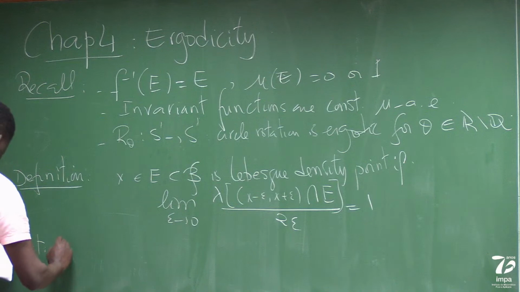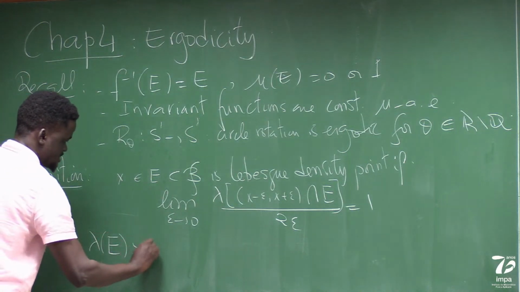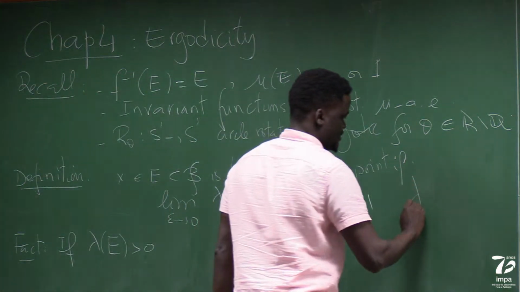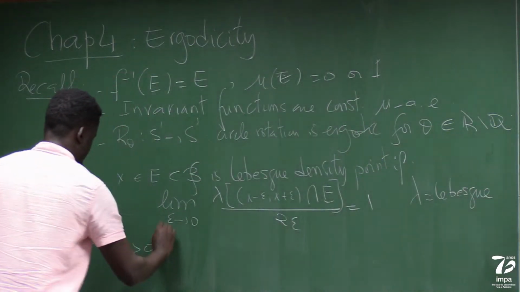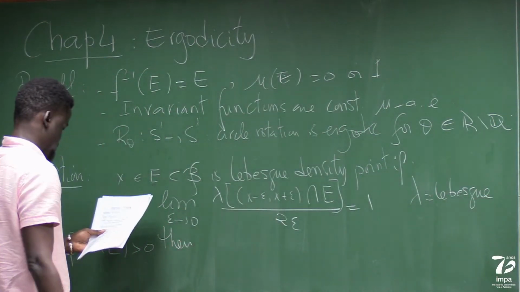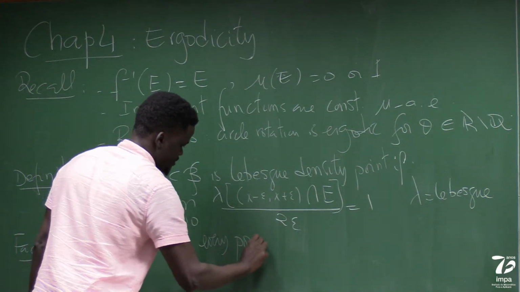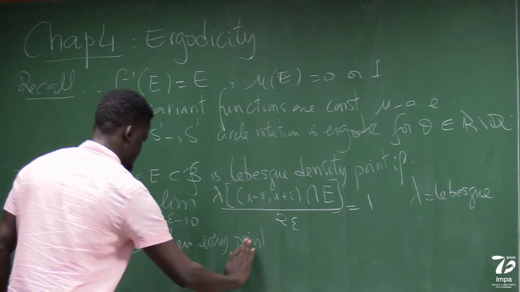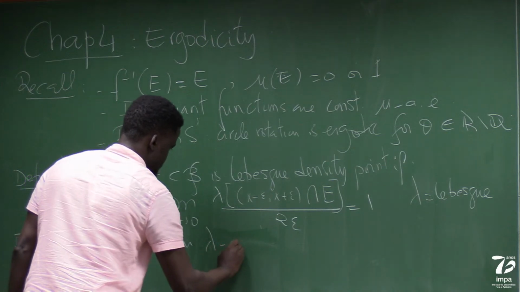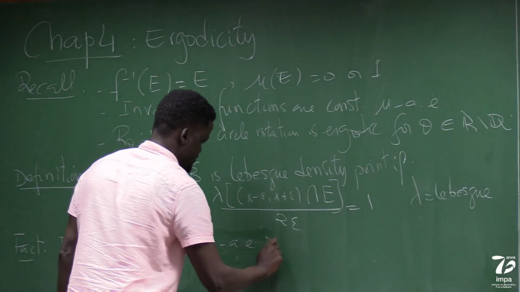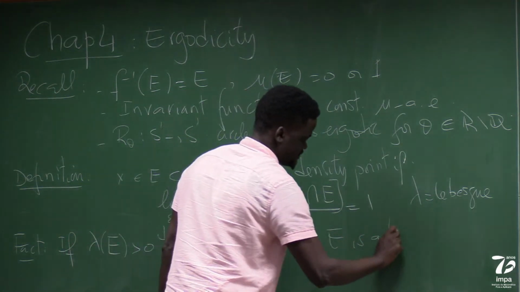So if lambda of E is positive, where lambda is Lebesgue here, then every point, or almost every point, sorry, then Lebesgue almost every point in E is a Lebesgue density point.